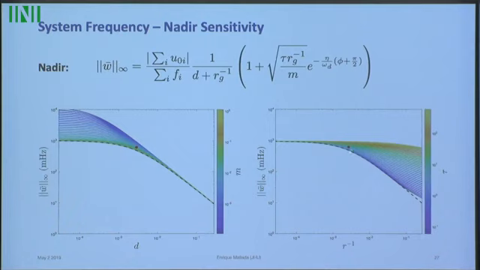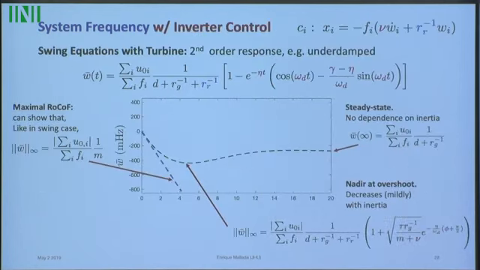The point I want to make is that the damping seems to be the one that gives you a better response. If you have a higher droop gain on the turbine and the turbine is faster, you can get a similar response to the damping case. The red dot is the nominal case that we have.